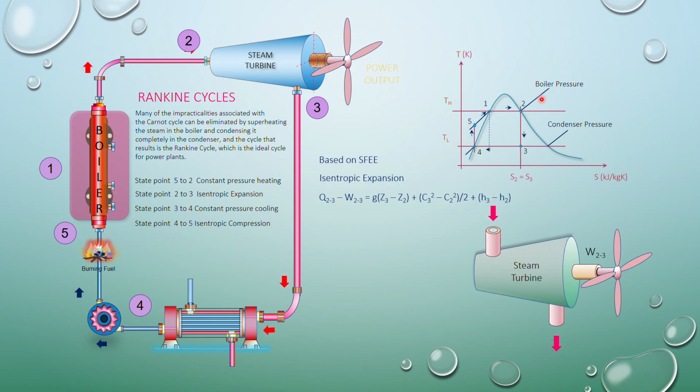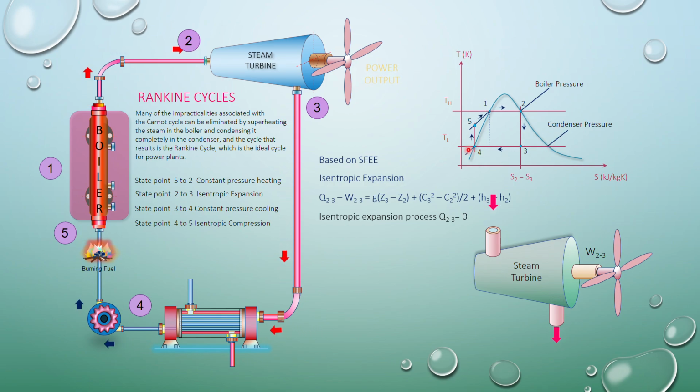This higher pressure we call the boiler pressure, the lower pressure line we call the condenser pressure, and then we have the saturation temperature TH and the saturation temperature TL. TH saturation temperature is based on the boiler pressure. TL saturation temperature is based on the condenser pressure.